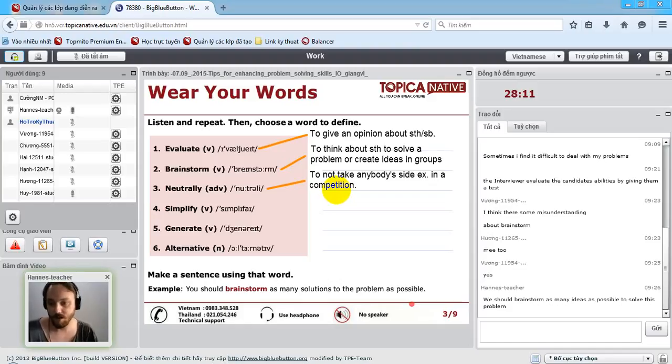So to avoid arguing with your coworker, you should do it. You can say you should work neutrally, or you should behave neutrally. I mean, grammatically it's correct. I just want to make sense out of it. That's the thing. So maybe you could say you should work neutrally, or you should behave neutrally, for example. Do you understand what I mean?